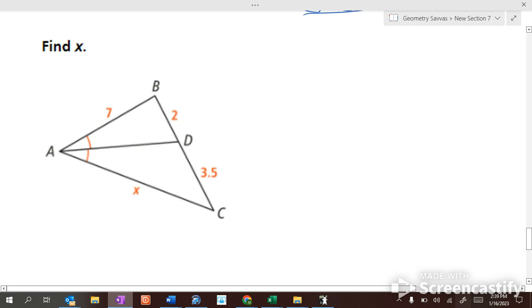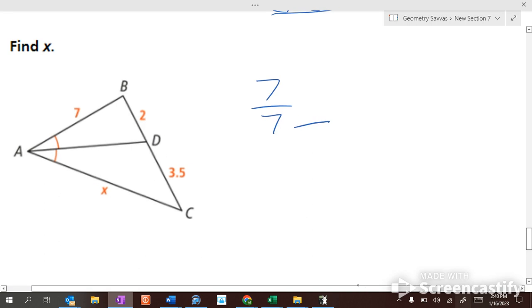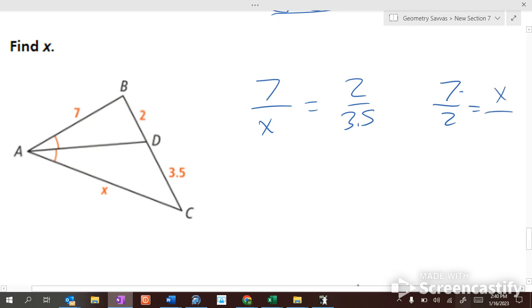What's your proportion you'd set up for this one, Nikita? What over what equals what over what? Nope. 7 over x I'll go with. Yep, I'll go 7 over x equals 2 over 3.5. You can do it that way, or you could set up 7 over 2 equals x over 3.5.